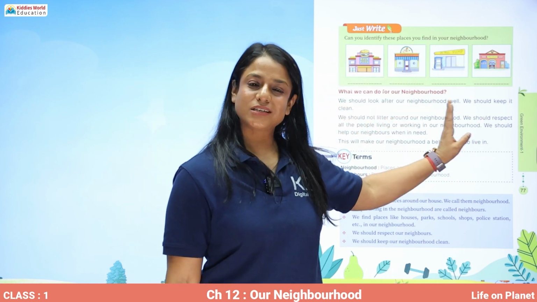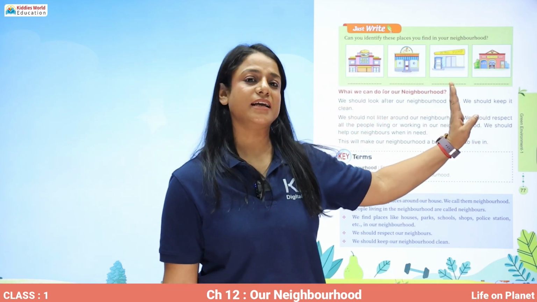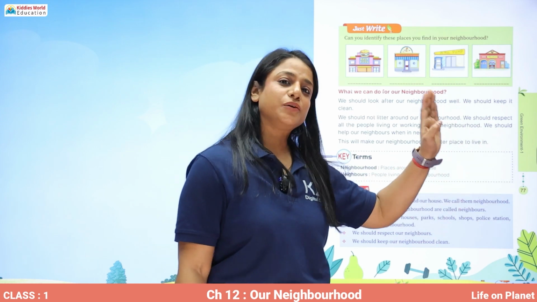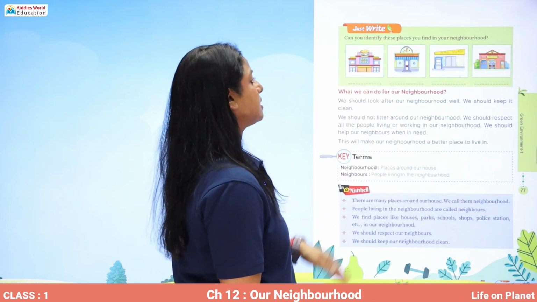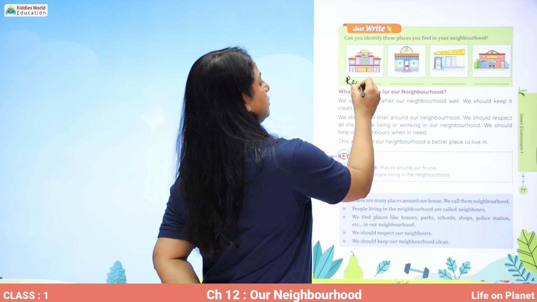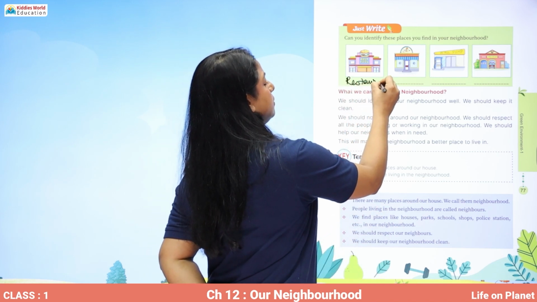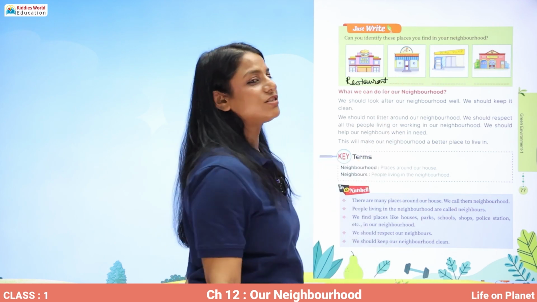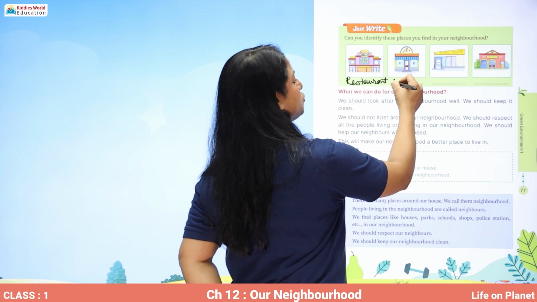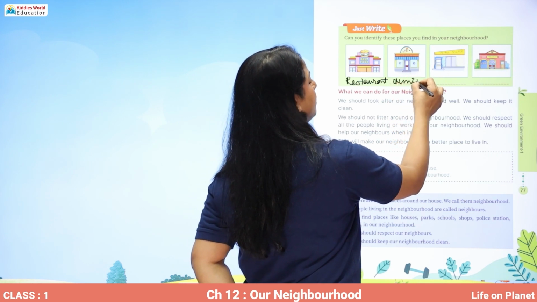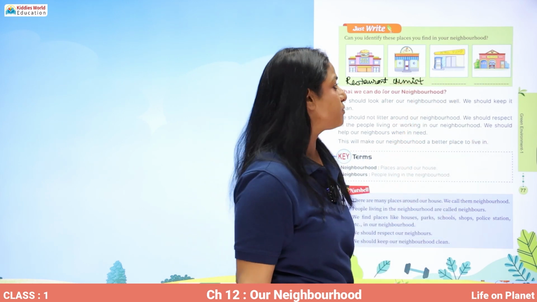There are a few pictures given over here of the buildings found in your neighborhood. You can just identify them by looking at them. This is a restaurant where you can just order food and relish it. This is a chemist shop or a pharmacy where you can take medicines from.